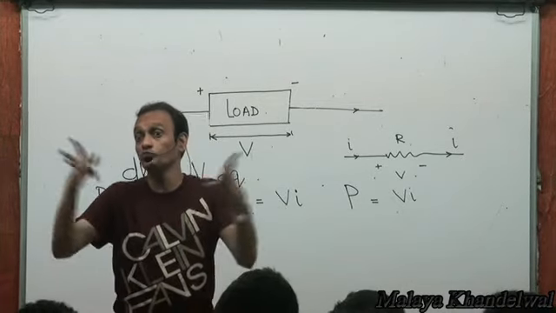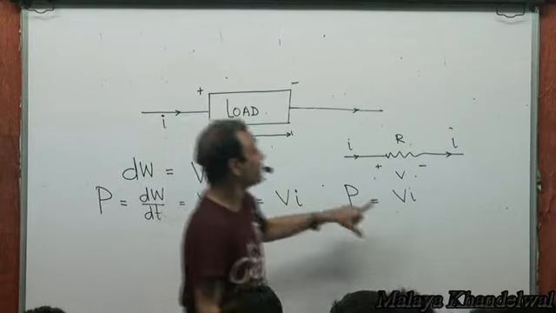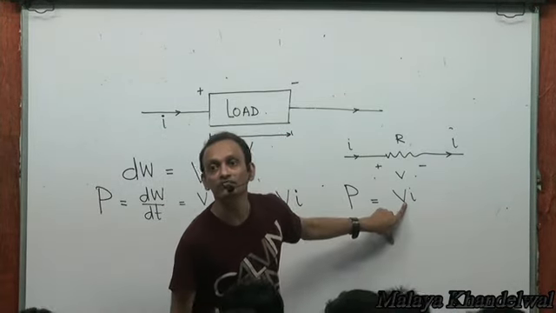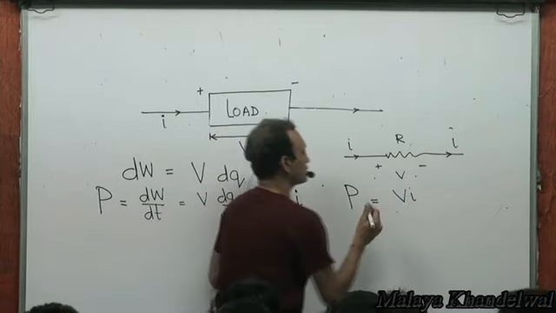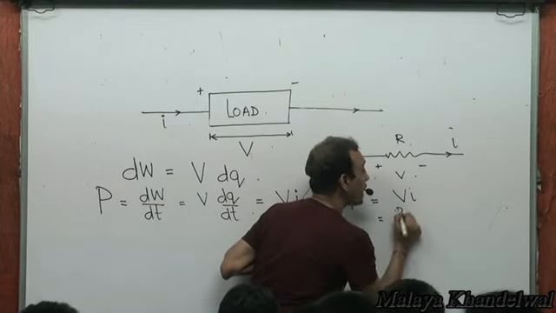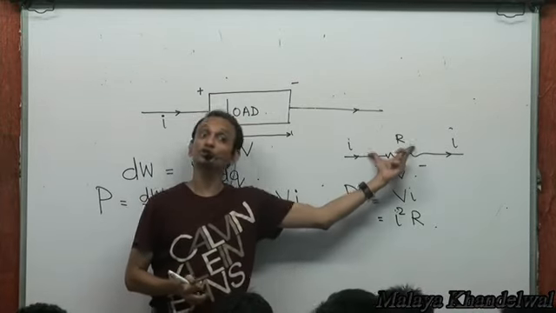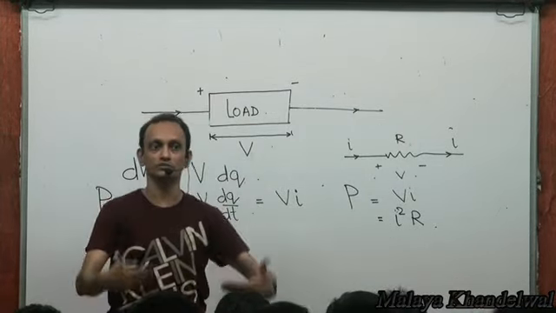V into I, where V could be written as IR. So this is I squared R, which is the joule heating of the resistance.